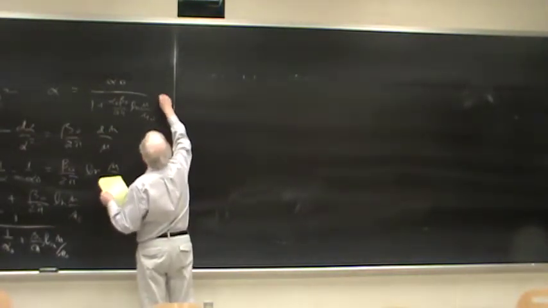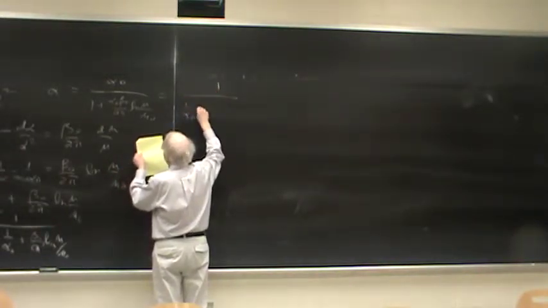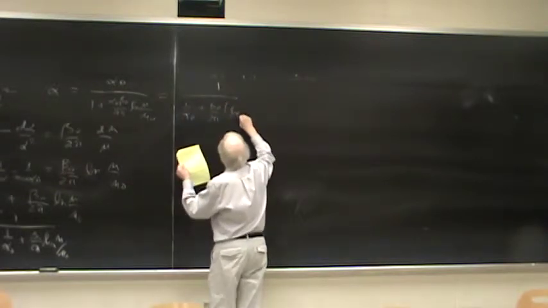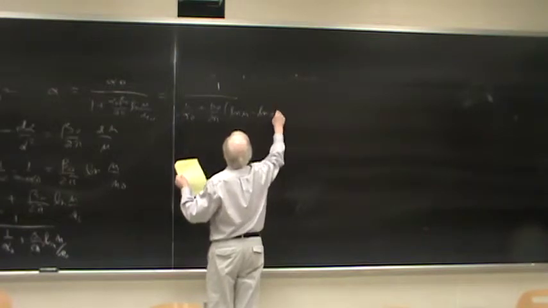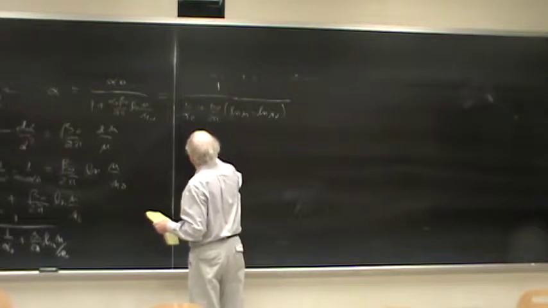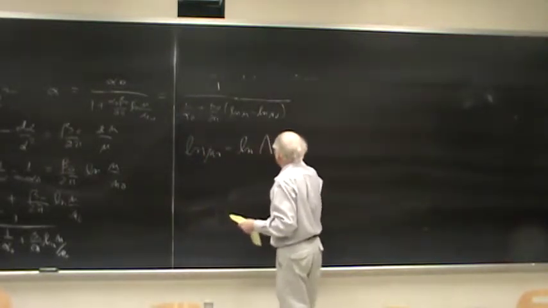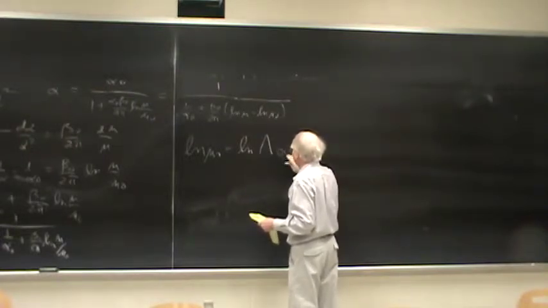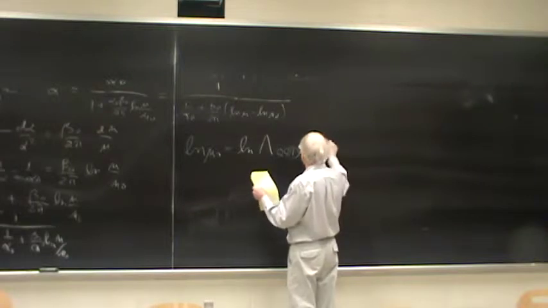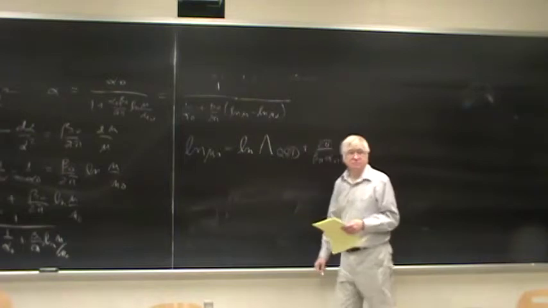So let me go back to this form: 1 over alpha 0 plus beta 0 over 2 pi log mu minus log mu 0. All right, what are we going to do? We're going to set log mu 0 equal to log of something we'll call lambda QCD plus 2 pi over beta 0 alpha 0.